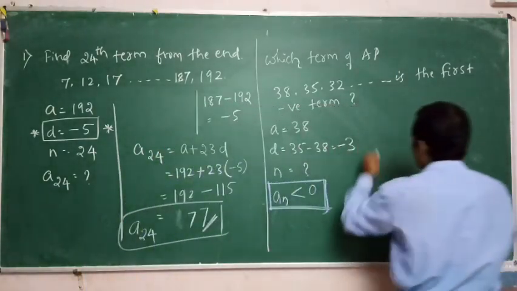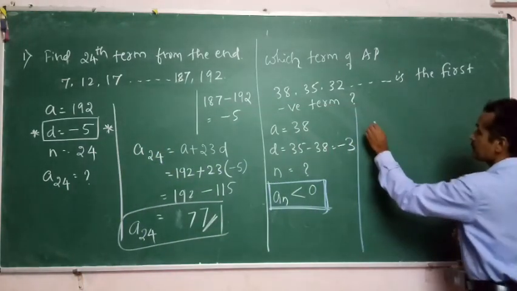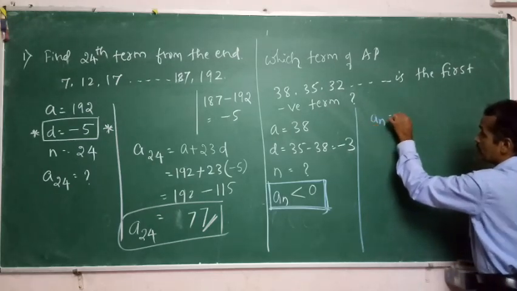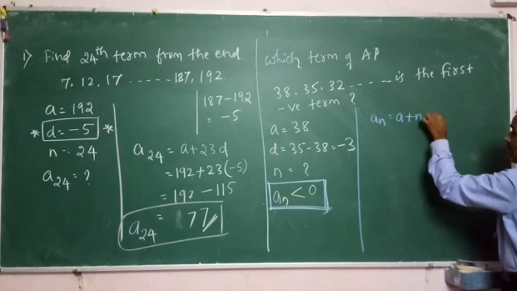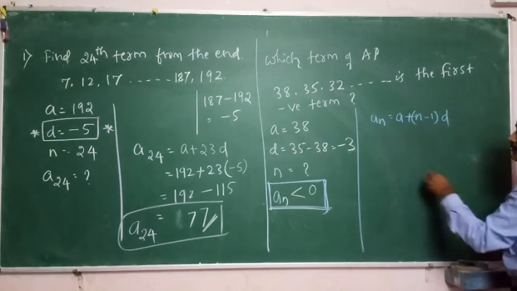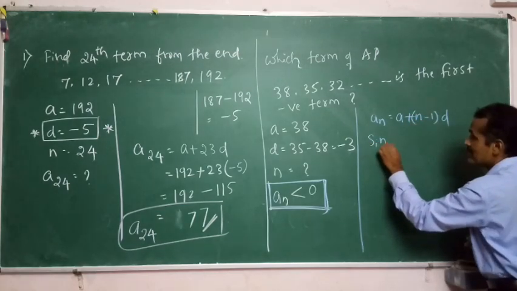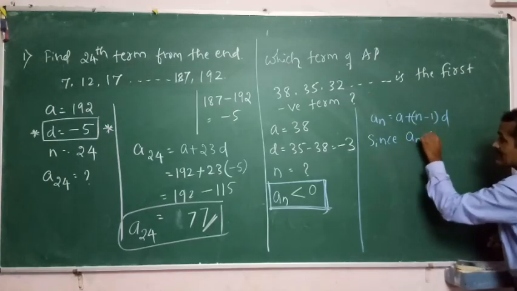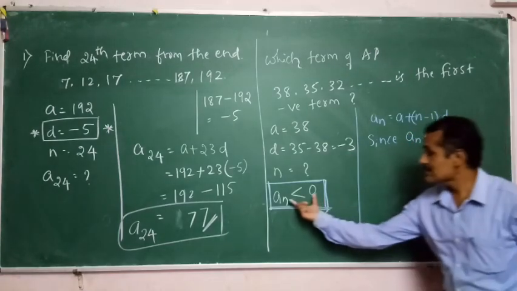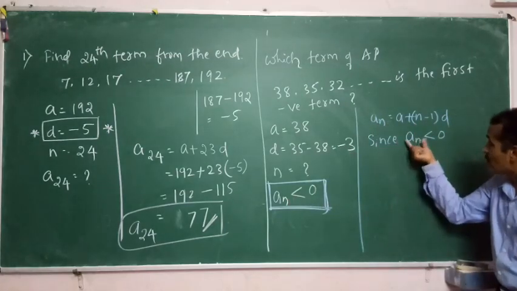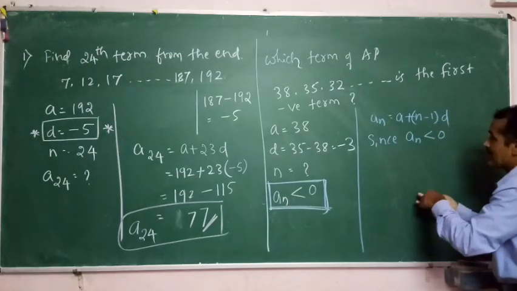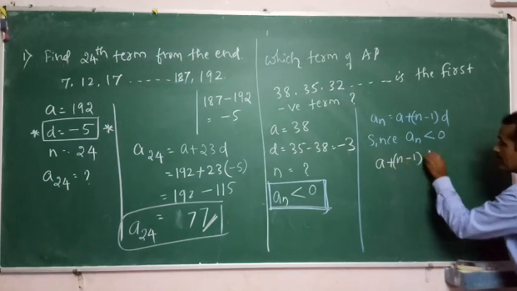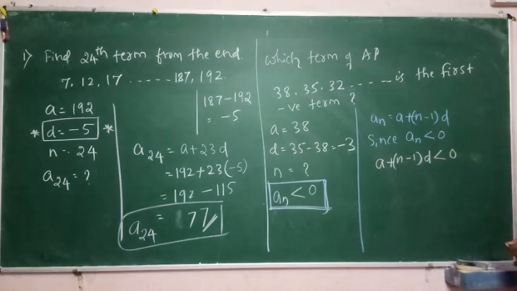Now we can apply the formula. AN is equal to A plus N minus 1 into D is the formula. Since AN is less than 0, I can say A plus N minus 1 into D is also less than 0.